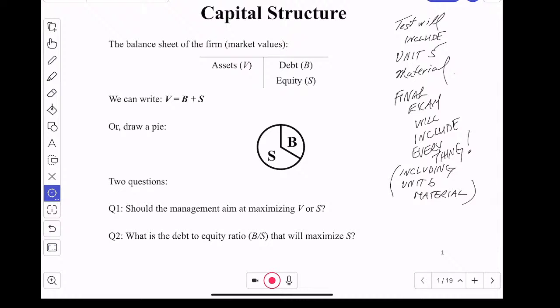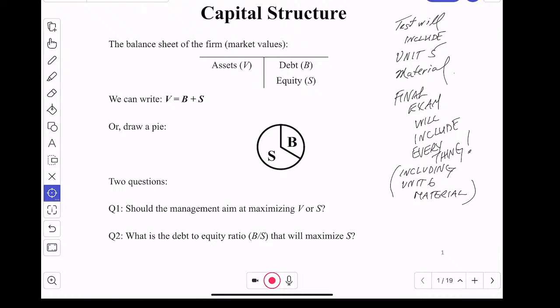Are the operations of the firm profit maximizing from the shareholder perspective? But the value of assets on the balance sheet is equal to what is owed to investors or financiers of the firm, the bondholders and the stockholders.